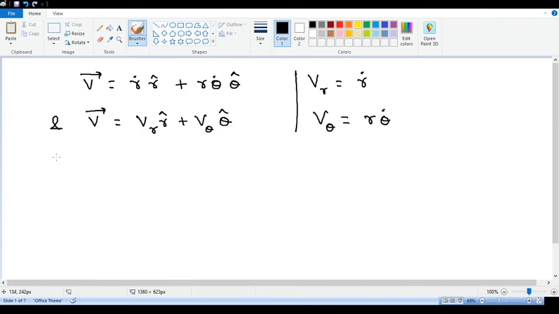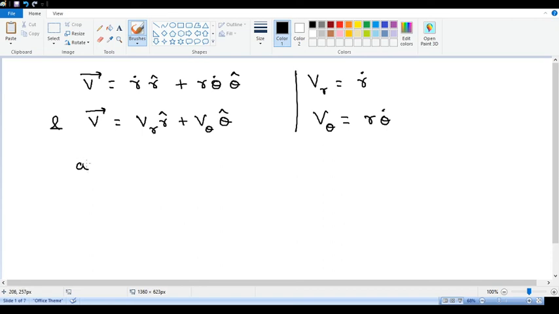Similarly, we can do the same treatment for the acceleration of the same particle. Just take ax equal to d2x/dt square and ay equal to d2y/dt square.